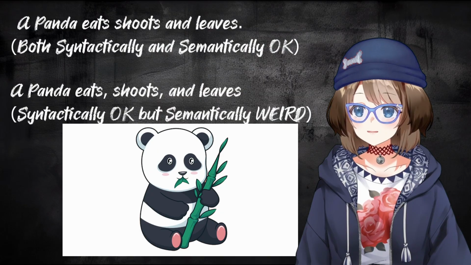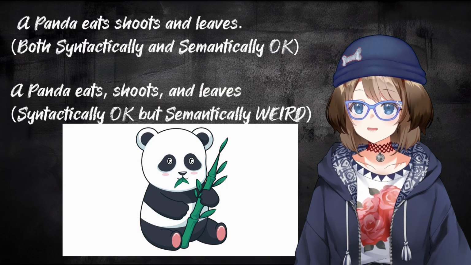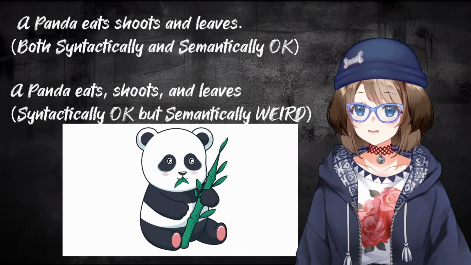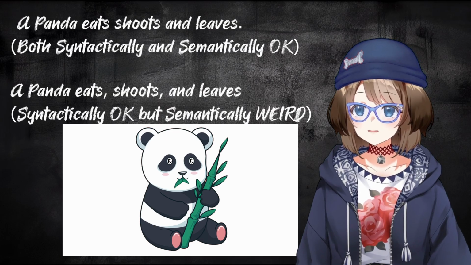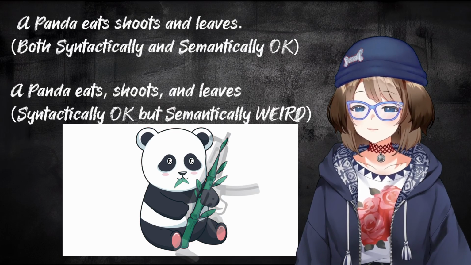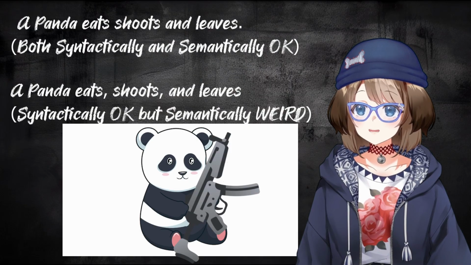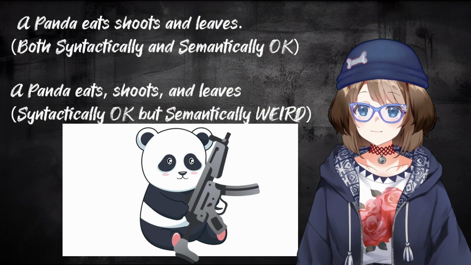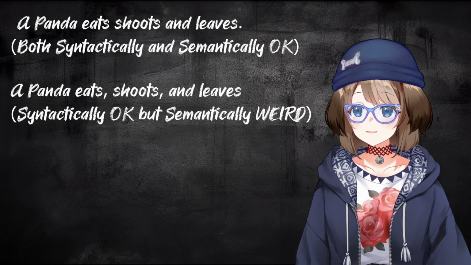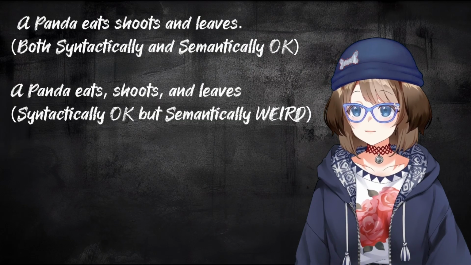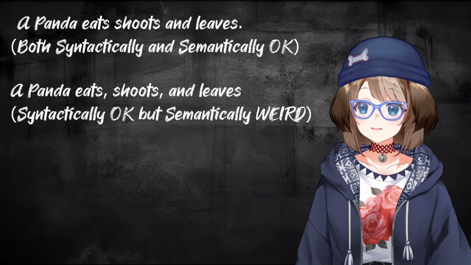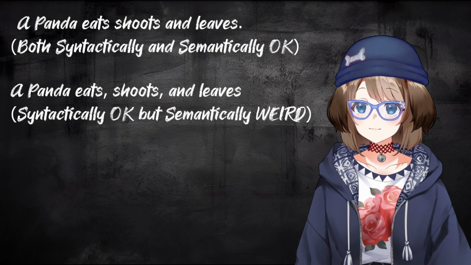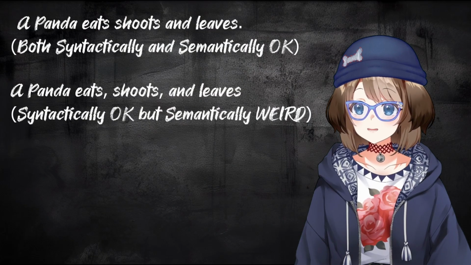The second sentence, however, well, okay, the use of commas is actually giving us a strongly different impression of what this panda is up to, right? "A panda eats, shoots, and leaves." The second sentence is fine syntactically. It's a perfectly valid sentence and there's nothing wrong with the grammar at the level of the sentence. But semantically, at the level of the meaning, it's really weird, right?